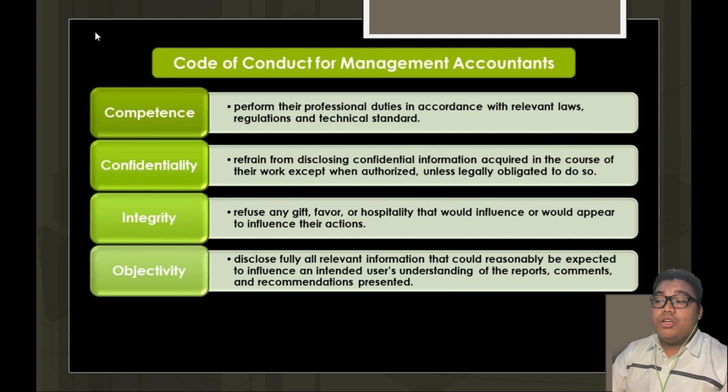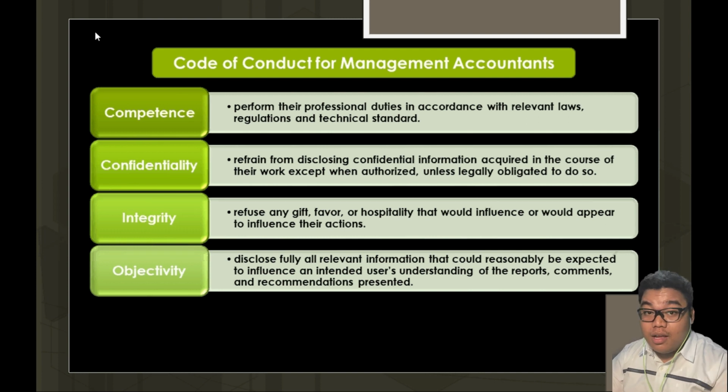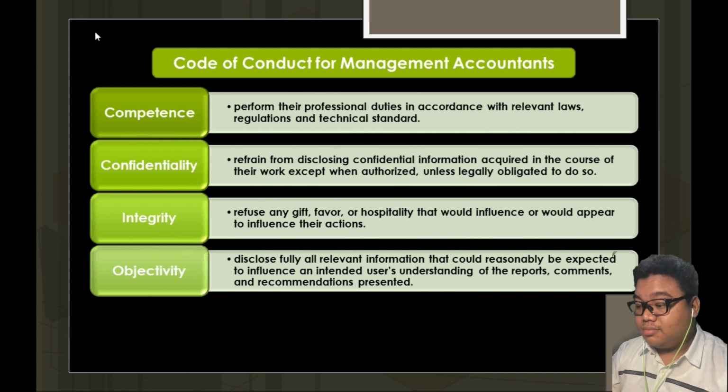Objectivity, we should not be biased against one party, because one thing that is certain for us in financial accounting is that there are certain scenarios where we require options, or when we need to select alternatives on presentation.